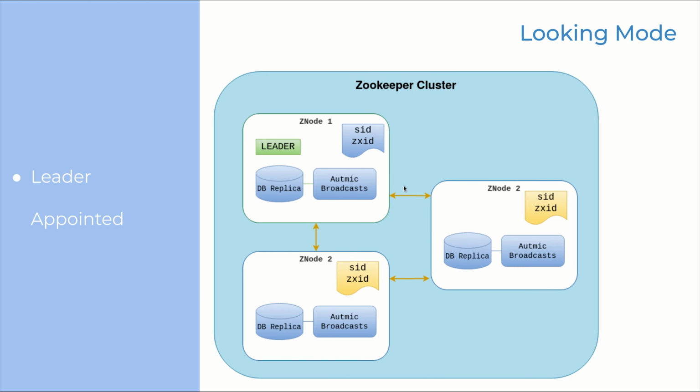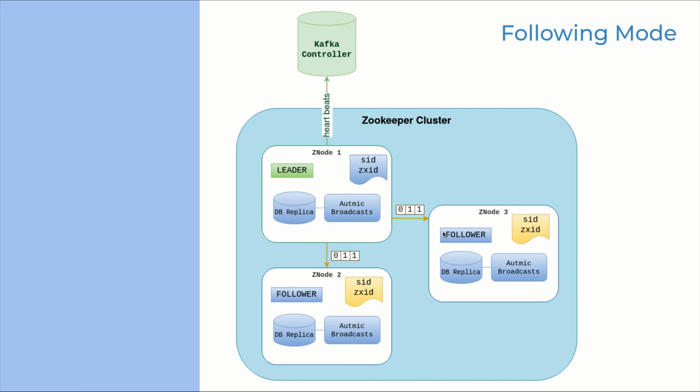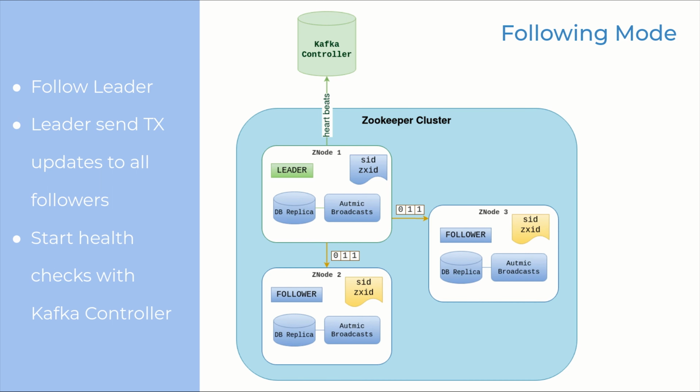And the Znode which holds the latest transaction ID becomes the leader naturally. And once the leader is appointed, the followers start to follow the leader, and the leader starts sending updated transactions to its followers in order to keep all the Znodes in sync. Then the new leader starts heartbeats with the Kafka controller.